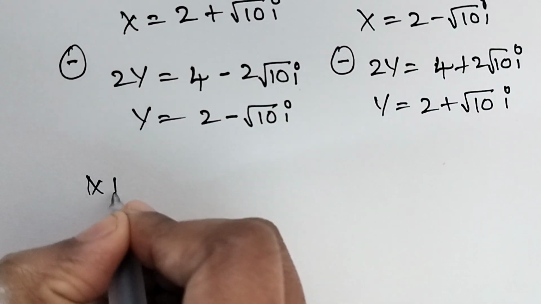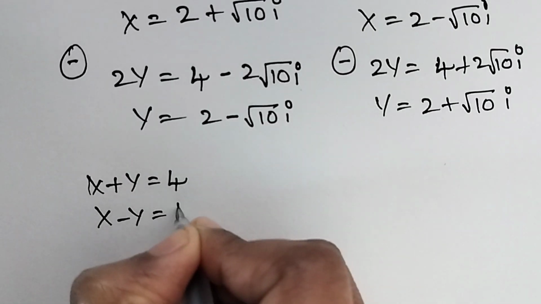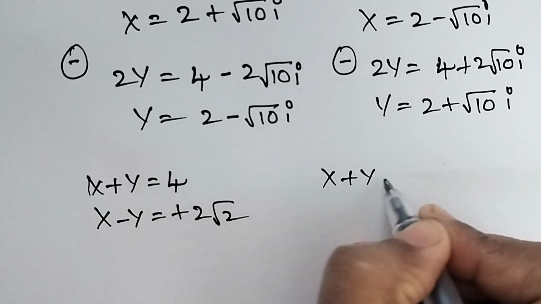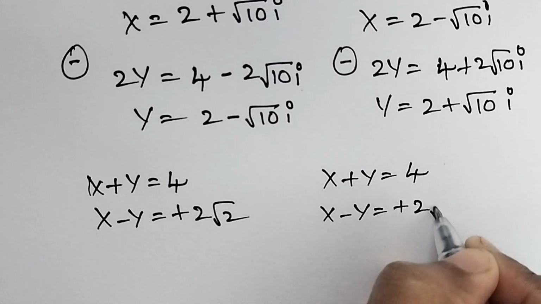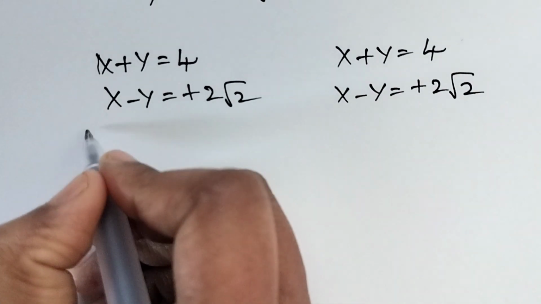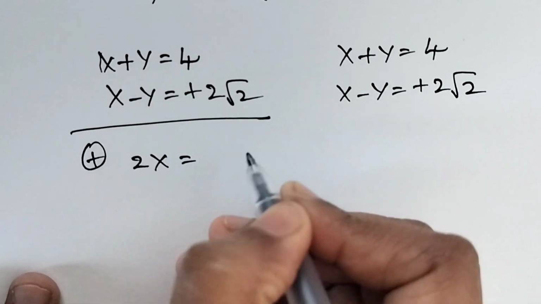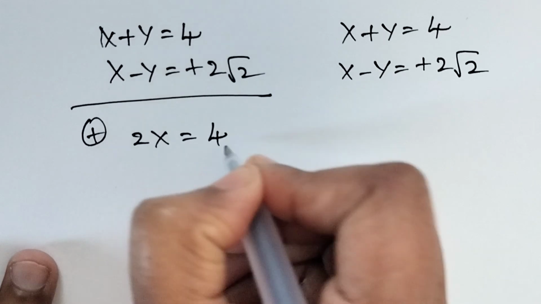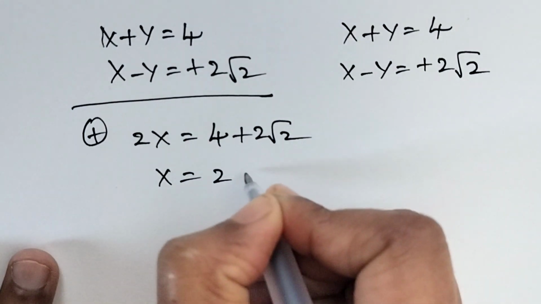And from this equation, x plus y is equal to 4, x minus y is equal to plus 2 square root of 2. From this equation, if we add, we'll get 2x is equal to 4 plus 2 square root of 2, and x is equal to 2 plus square root of 2.